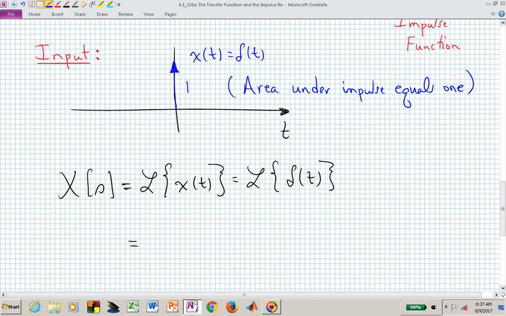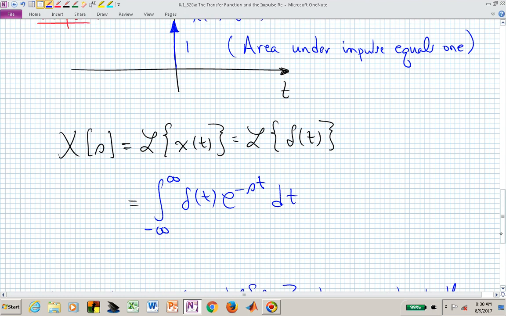The Laplace transform of that impulse, by the definition of the Laplace transform, is the integral from minus infinity to infinity of the waveform in question, the impulse function delta of t, weighted by this complex exponential. This is correlating all these complex exponentials with the waveform itself, delta of t.